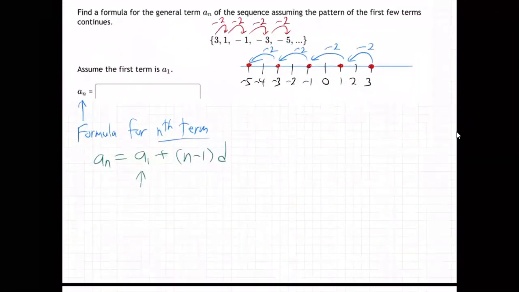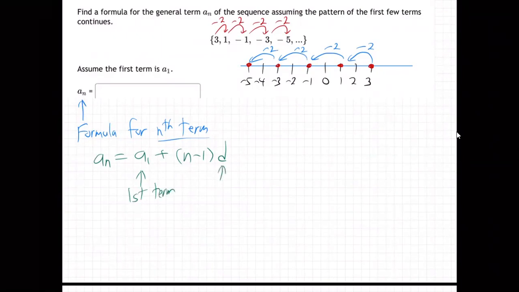So a1 is the first term. And d stands for difference, or the jump from term to term.